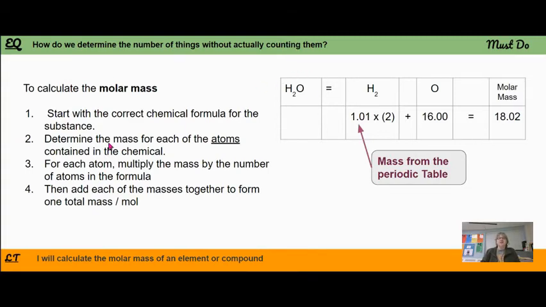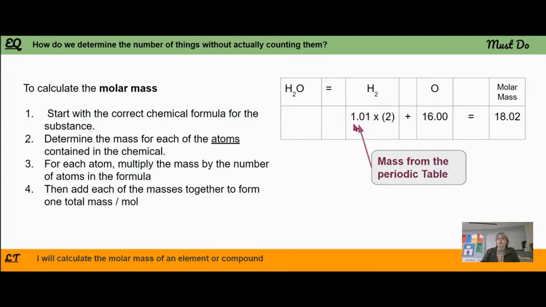Then determine the mass of each atom contained in the chemical. H2O has hydrogen and oxygen. If we look on our periodic table at the mass, we find that hydrogen is 1.01. We're always going to record the molar mass to the 100th, so 2 decimal places.